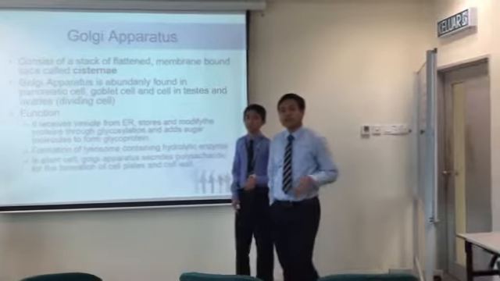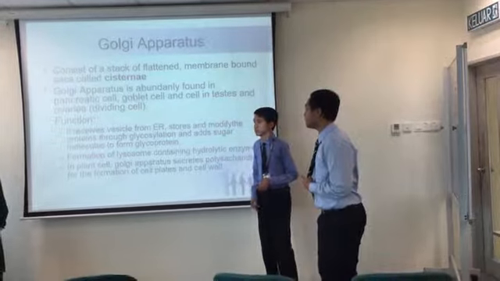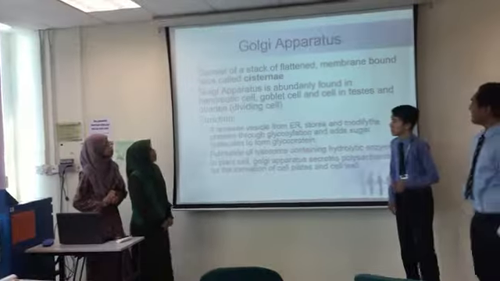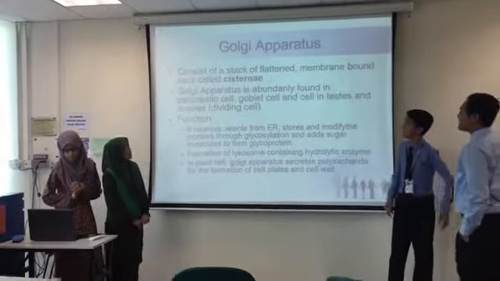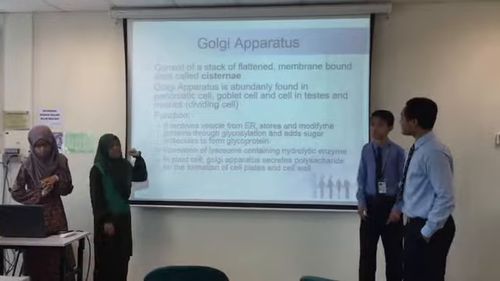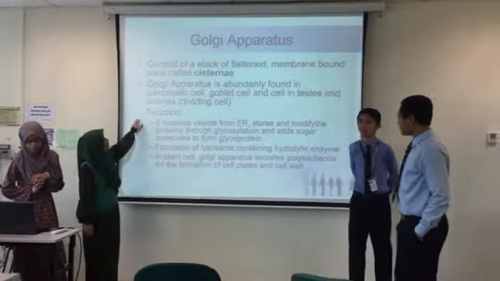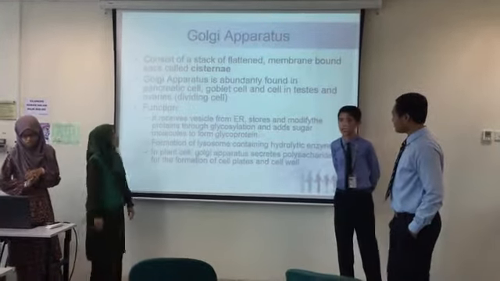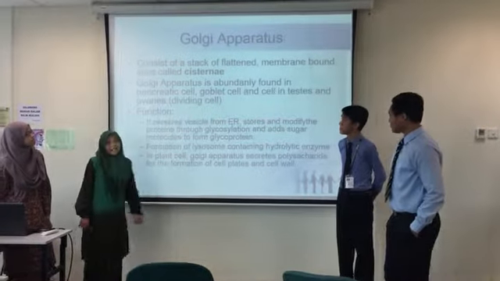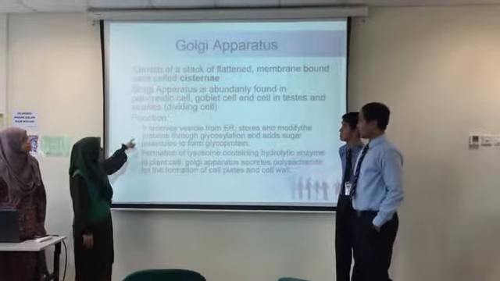Next we will talk about the Golgi apparatus. The Golgi apparatus consists of a stack of flattened membrane-bound sacs called cisternae. Second, the Golgi apparatus is abundantly found in pancreatic cells, goblet cells, intestinal cells, and ovaries.